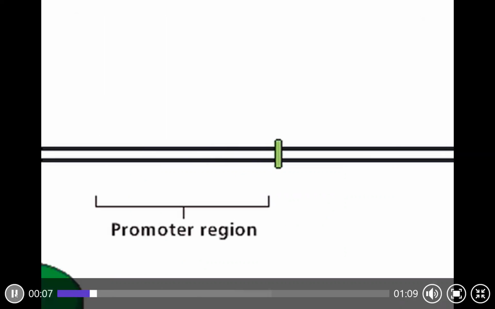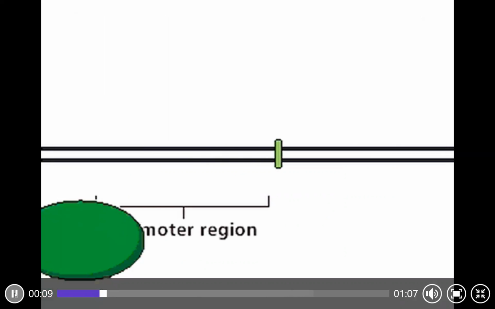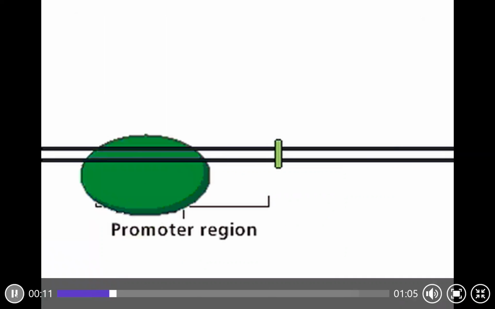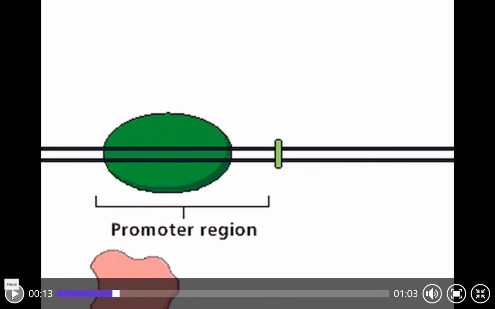You're only going to copy the section that is a gene, okay? So the first question is, where do you find this gene? You're doing a lab right now on the virus COVID-19, and you'll see that there are specific genes and specific sections in the virus, okay?